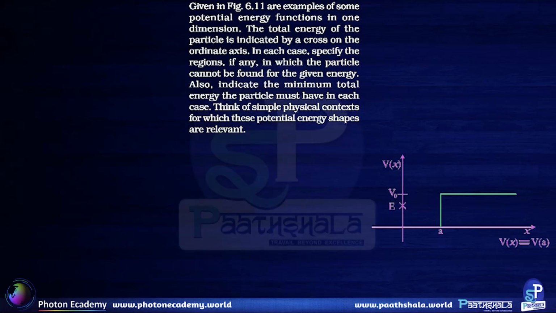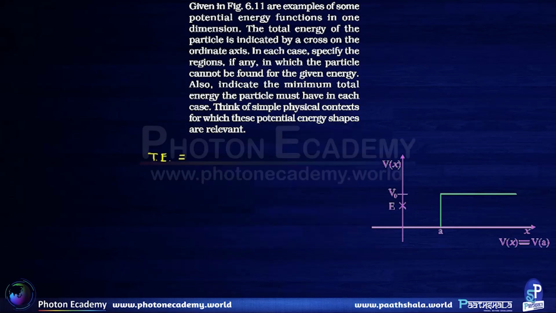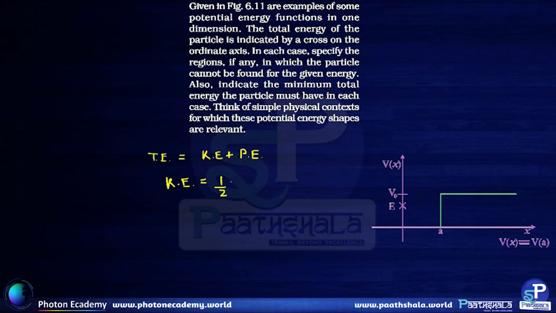So this is the first diagram, and as we know, the total energy, that is E, is the sum of kinetic energy and potential energy. Also, we know that the formula to calculate kinetic energy is half mv square.